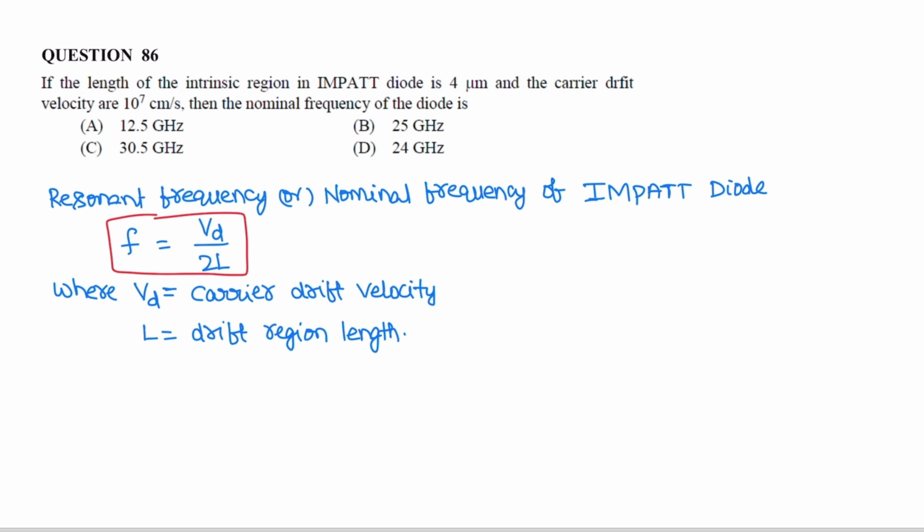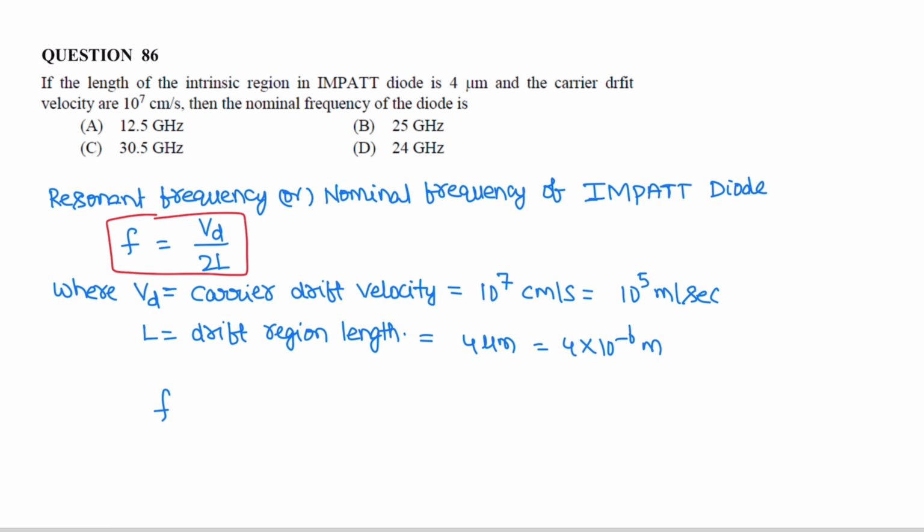The carrier drift velocity is 10 power 7 centimeters per second, that is 10 power 5 meters per second, and the drift region length is 4 micrometer, 4 into 10 power minus 6 meters.